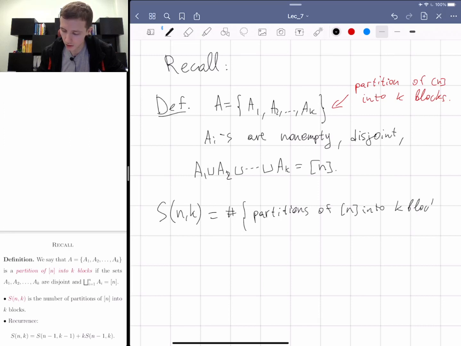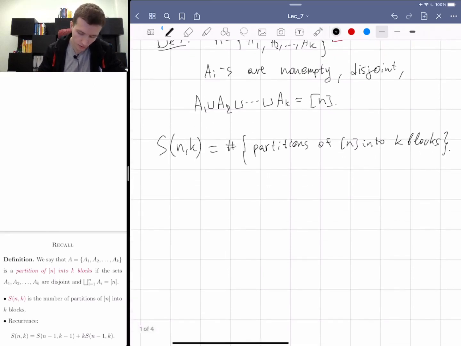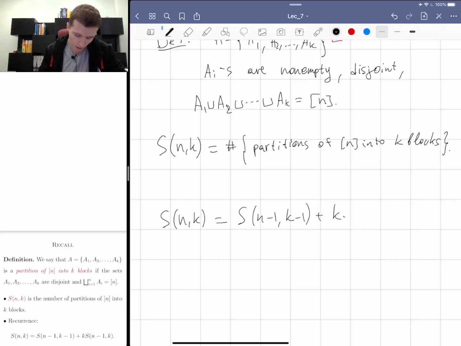I mentioned that the formula for S(n, k) is slightly more complicated than usual, but the recurrence was easy: S(n, k) is equal to S(n-1, k-1) plus k times S(n-1, k).